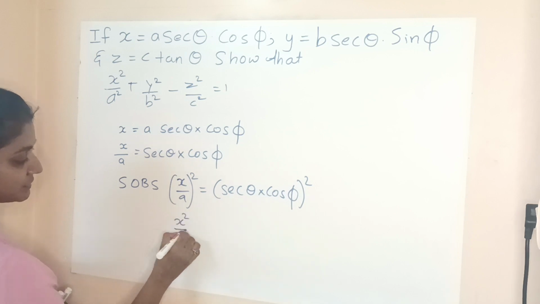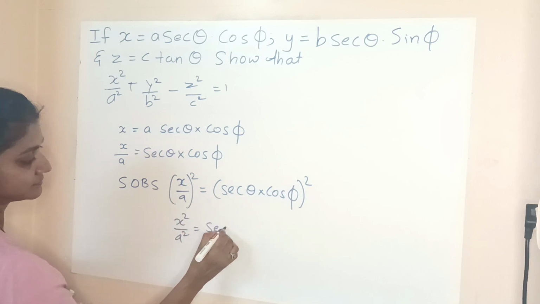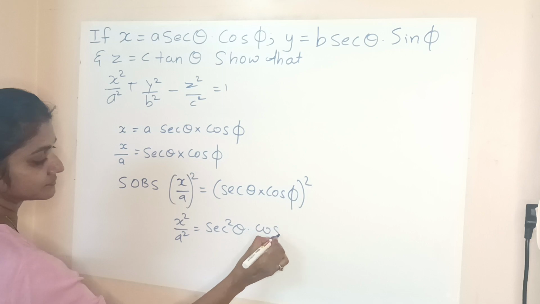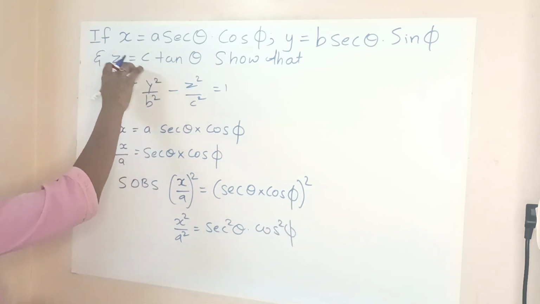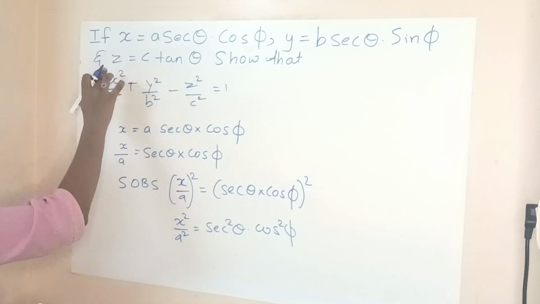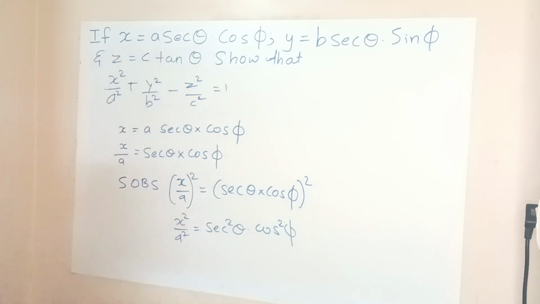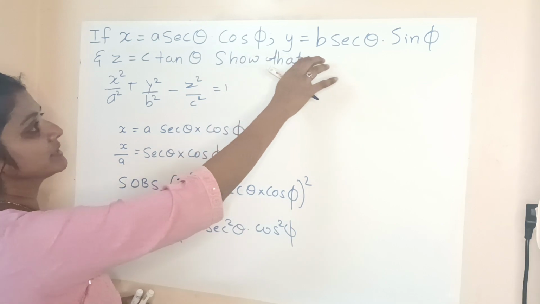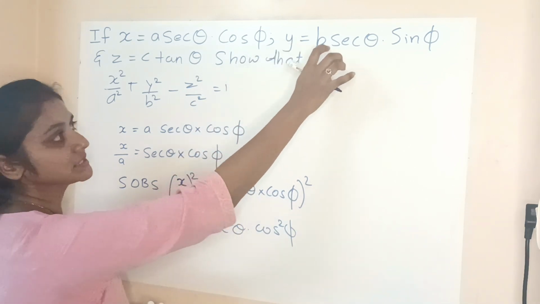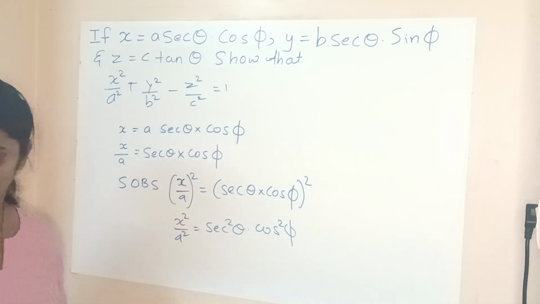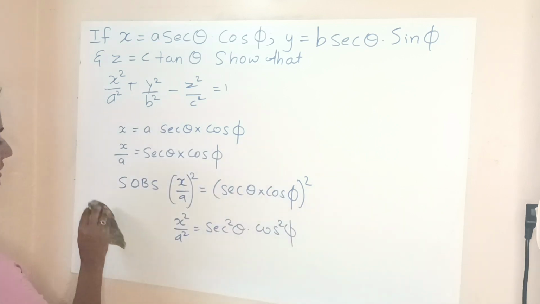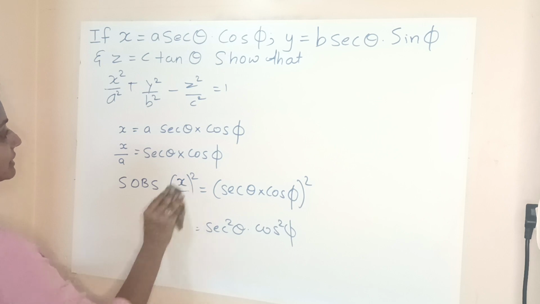Will this give me the x square by a square value? Similarly, I will get z square by c square equals tan square theta. Similarly, I will get y square by b square as sec square theta into sin square phi. Yes or no? Easy?